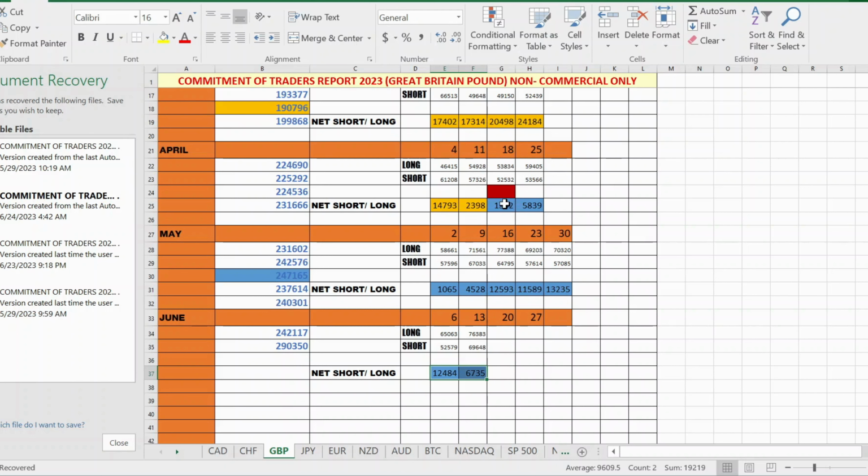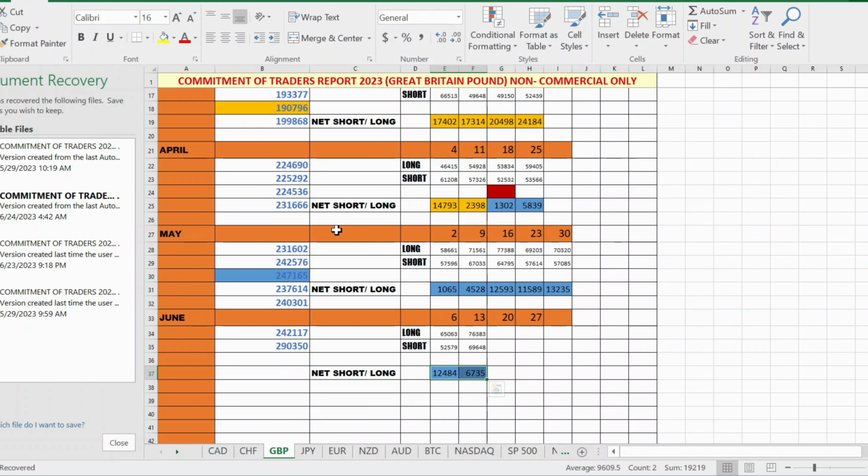And for the pound, indeed, if you look at the pound chart and the pound pairs, since the shift in sentiment in April, the bulls have been seriously buying.